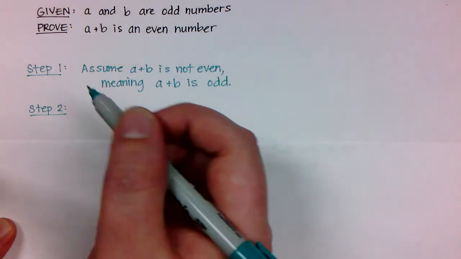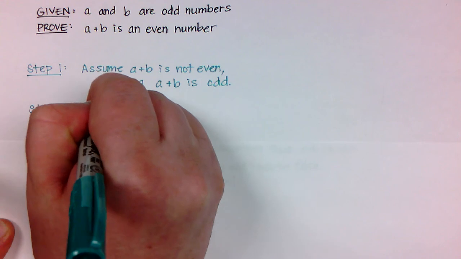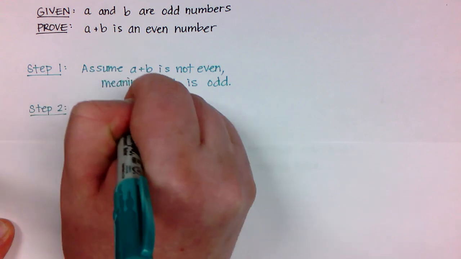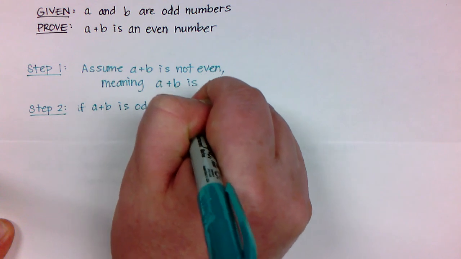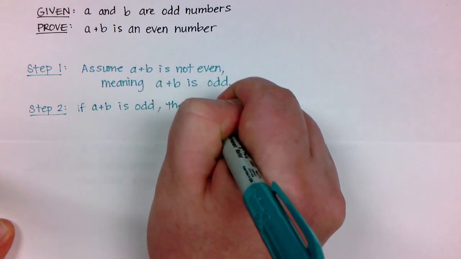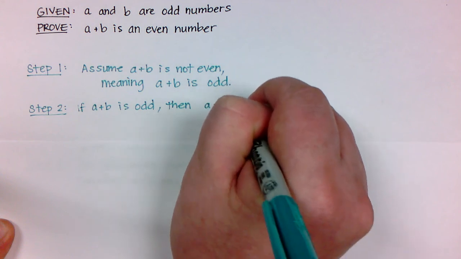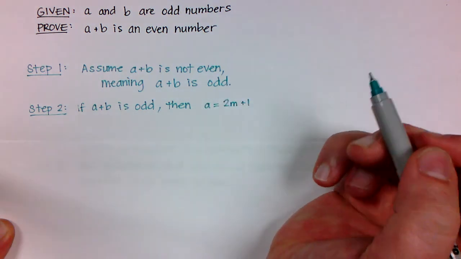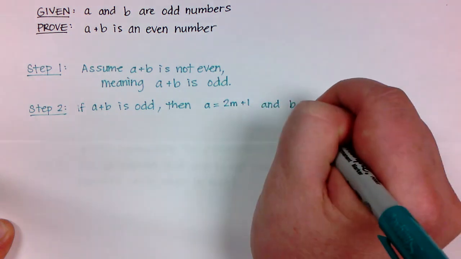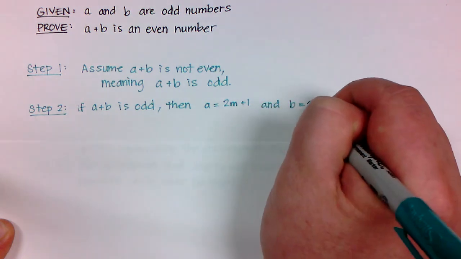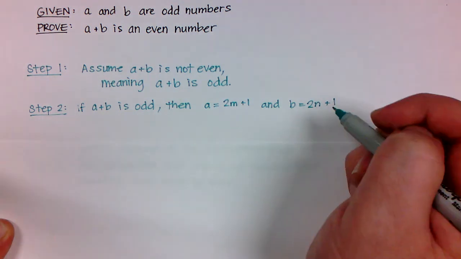So for step 2, what I'm going to write is that if A plus B is odd, then that means A is equal to 2m plus 1, right, for some number m, and also B, if it's odd, it's going to be 2n plus 1 for some number n.